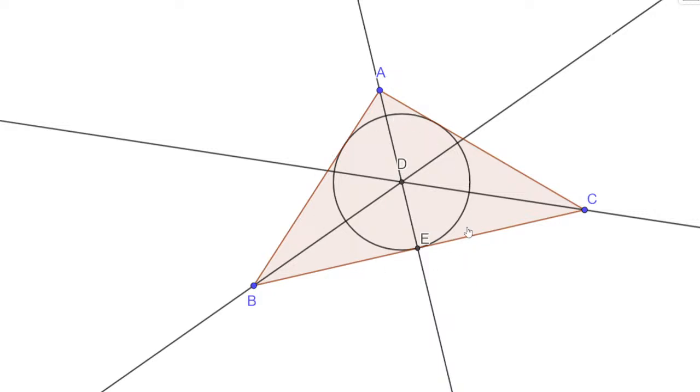This circle is called the incircle, whose center is D. And if you draw perpendiculars, I'm showing also, this FD is the radius of the circle, and DE also is a radius of the circle, and DG is a radius of the circle, the incircle. Okay, now clear?